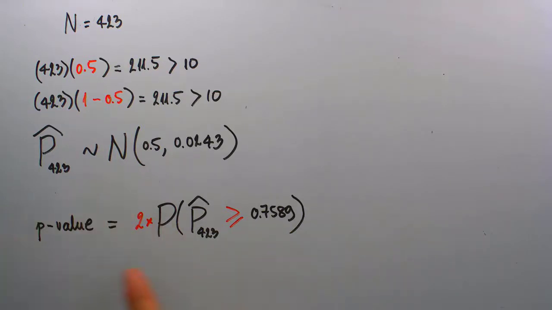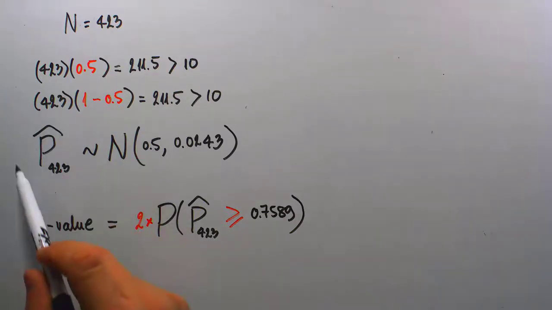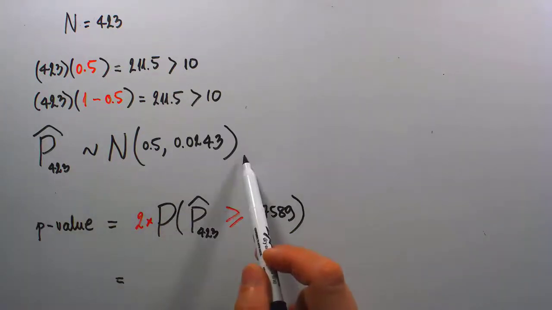I have not explained why the setup is being done as so, but now with a setup being done like this, we can calculate this final p-value as a bell curve problem, because now we know that any sample proportion comes out from a bell curve like this.